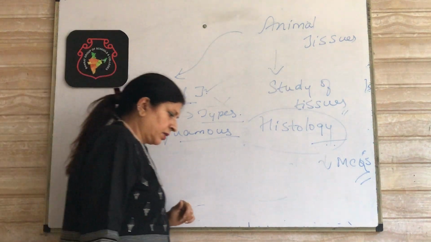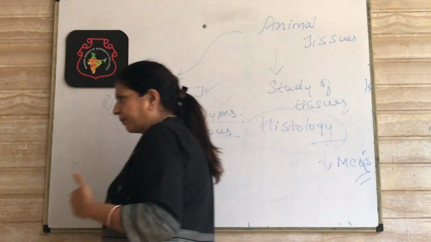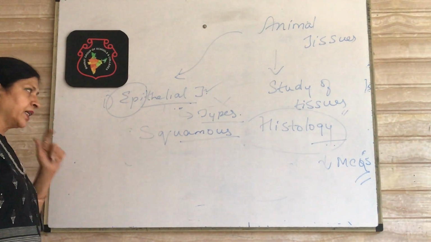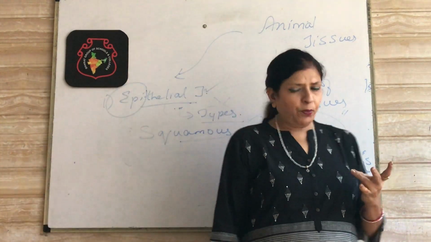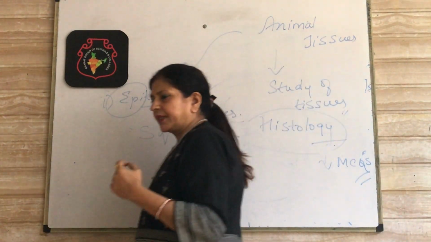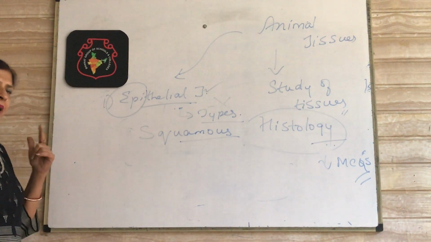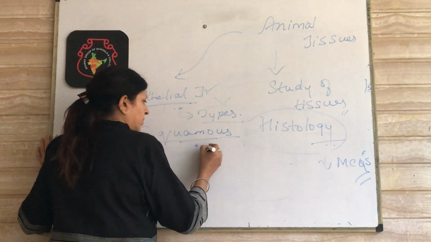Number 6, sensory. Number 7, germinal epithelial. I am just mentioning the names now. Each I will go in detail. Squamous, cuboidal, columnar, ciliated, sensory, germinal and glandular. Let me go with squamous.